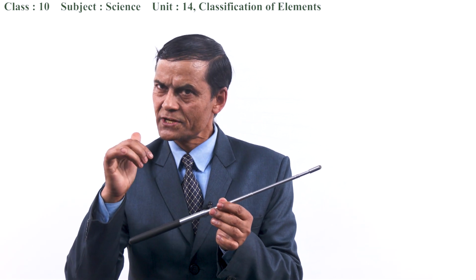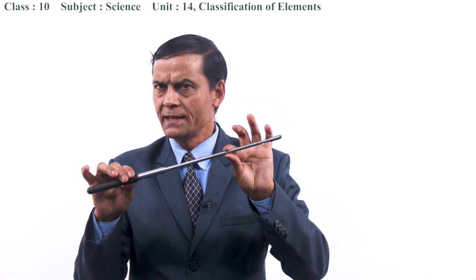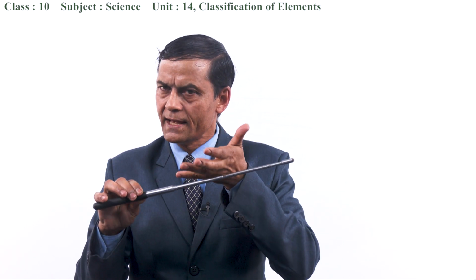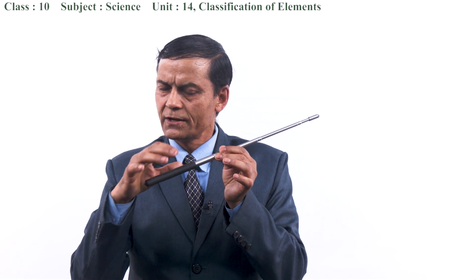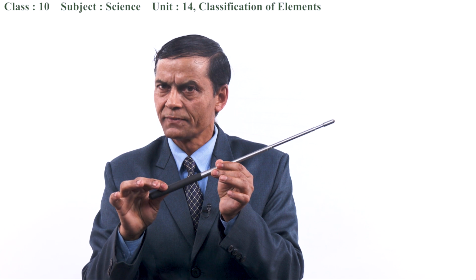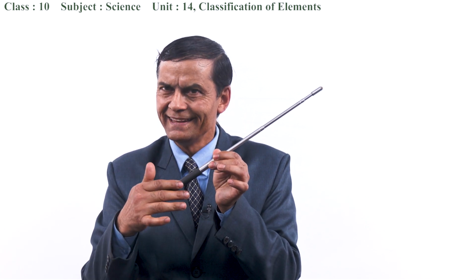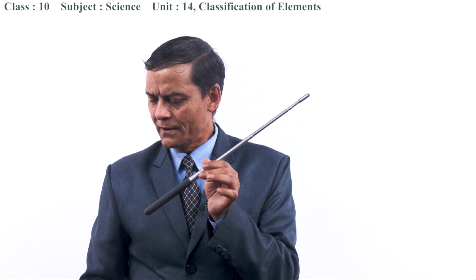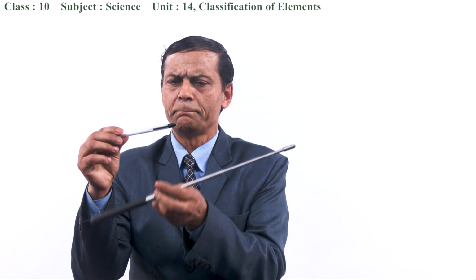Yes, there are certain characteristics of metal. Metal, we see here, is shiny, has metallic luster, while the non-metal is not shiny, not metallic in property. It is dull looking. Yes, by this also we can identify metal. And look here, you have a pen, isn't it?